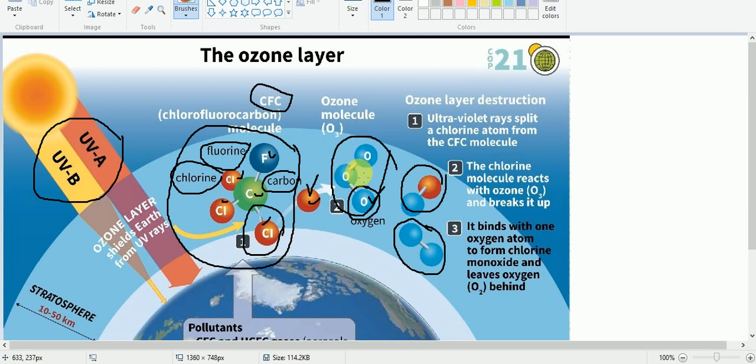Because of that, one atomic oxygen breaks off, and this oxygen atom binds with the chlorine to form chlorine monoxide, and one oxygen molecule is left behind. So in this way, because of the presence of CFC in the atmosphere, the ozone layer is depleted nowadays.